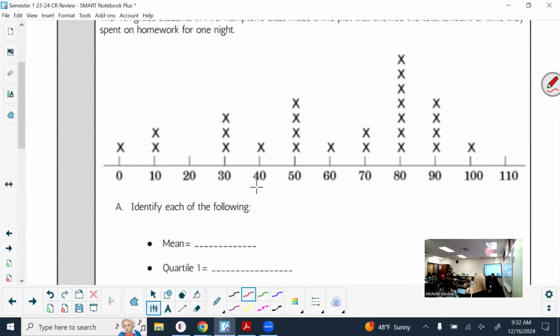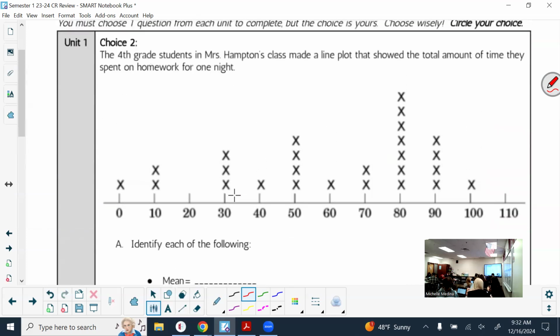How do you find the mean? What's another word for mean? Average.